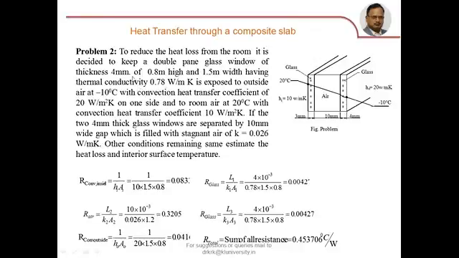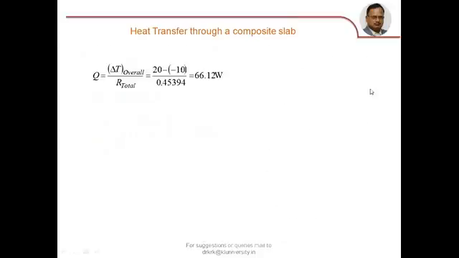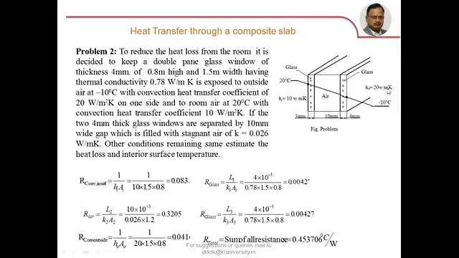Each pane has thickness 4 mm, is 0.8 meters high and 1.5 meters wide, and has thermal conductivity of the glass 0.7. It is exposed to outside air at minus 10 degrees centigrade with a convective heat transfer coefficient of 20 watt per meter square Kelvin. Please correct it.